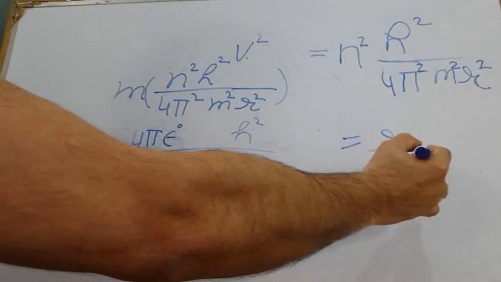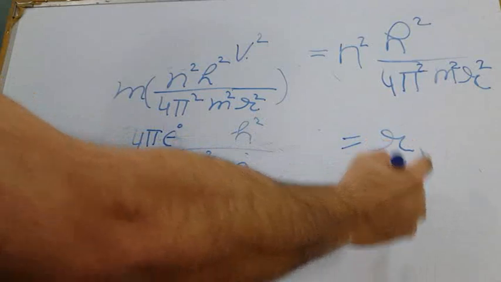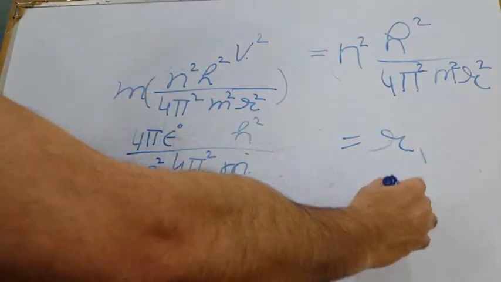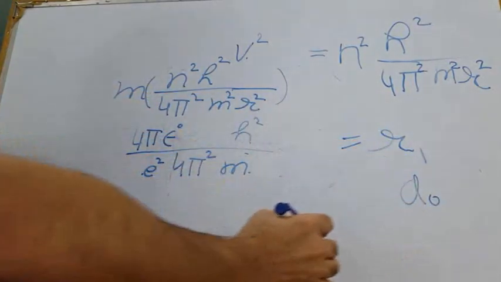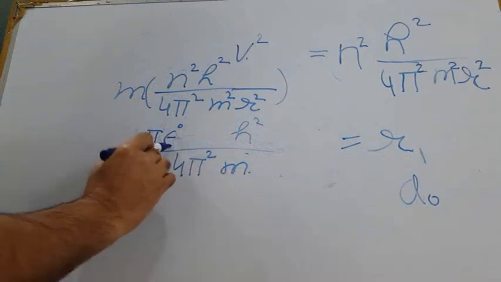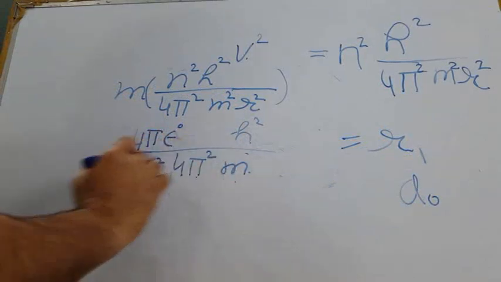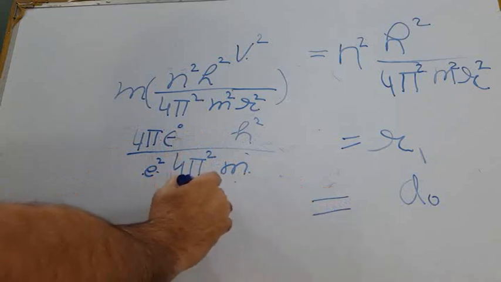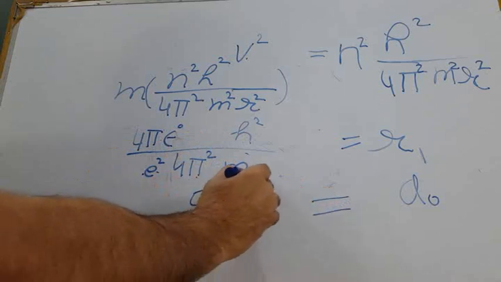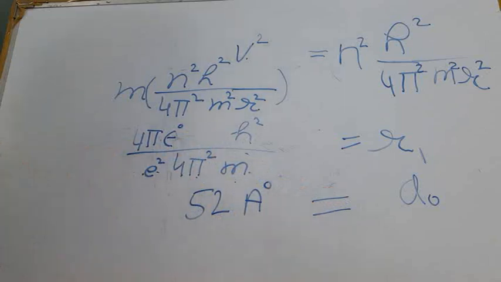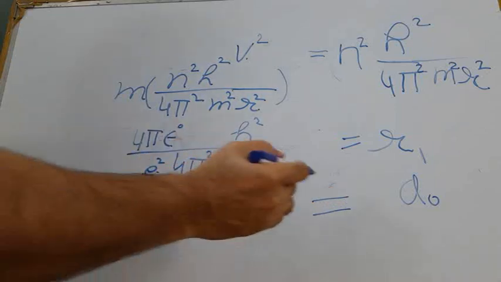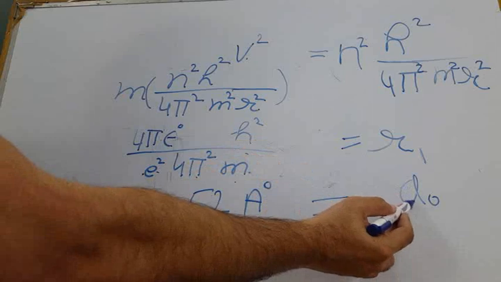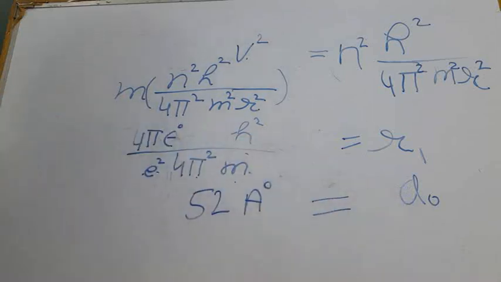Then this is r1, that is also symbolized as a0 or Bohr's orbit. We put all the values here, then it comes out to be 0.52 angstrom. That is how Bohr could find out the first orbit of the hydrogen atom.